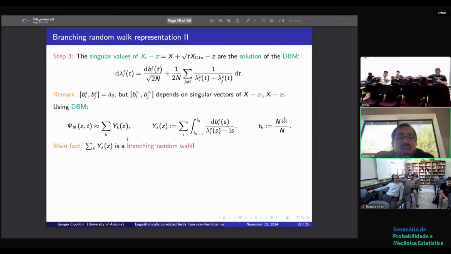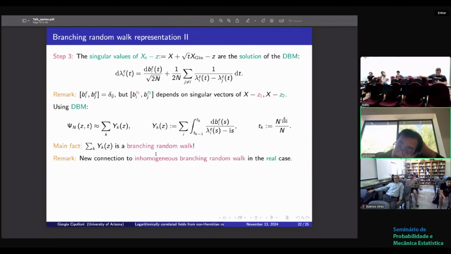The main point, which will be a bit clearer in the next slide where I wrap up, is that this representation is in fact a branching random walk. So this psi_n of z_t is our log determinant, or the centered version, that we want to understand, and I claim that this is a branching random walk. And in the real case, additionally, we find a new interesting connection of random matrices with inhomogeneous branching random walk. Again, I'll show you in the next slide.